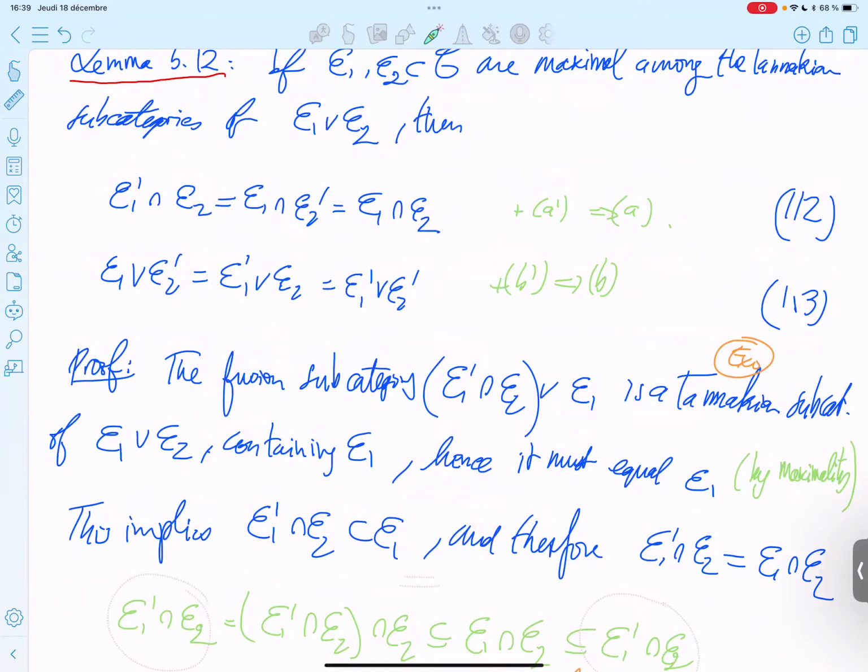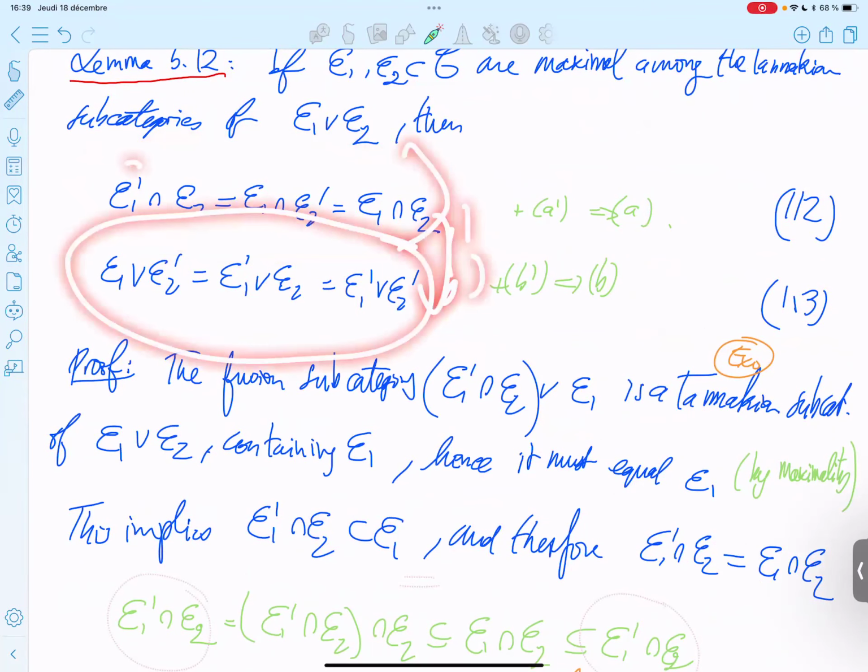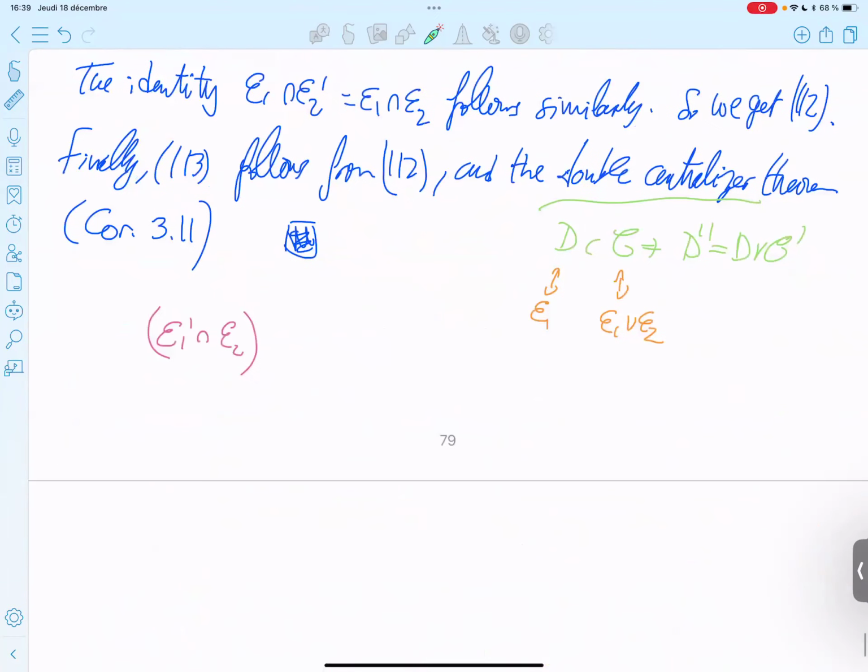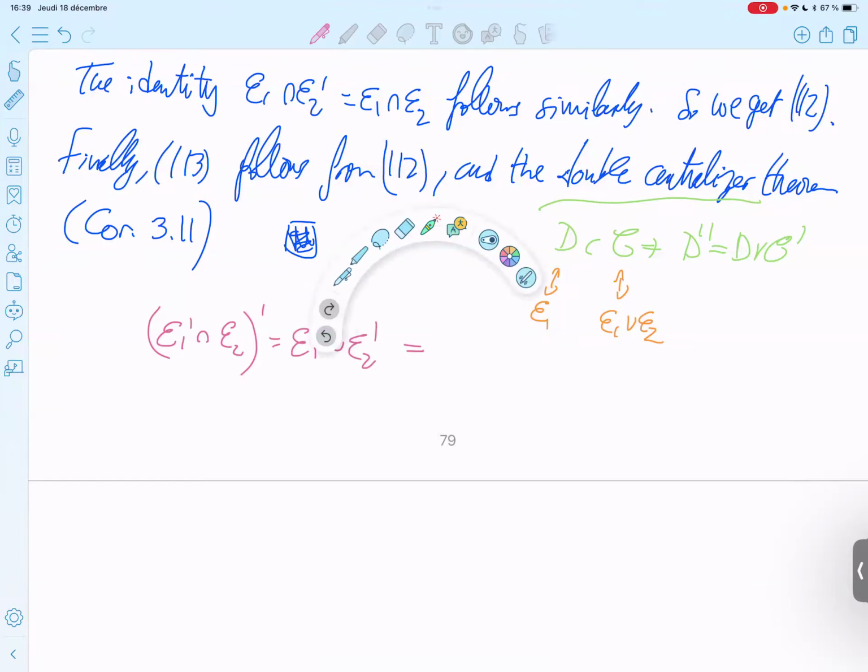We want to apply these identities, to apply the Müger centralizer to get that. What we need to care about is this double centralizer here. And here you apply the double centralizer theorem.